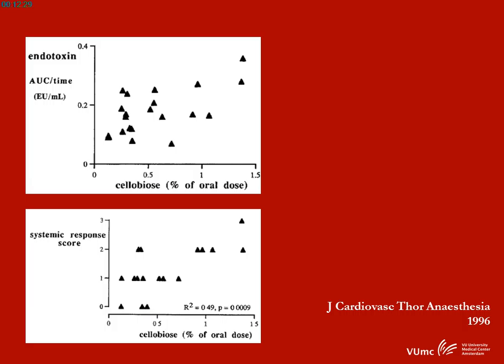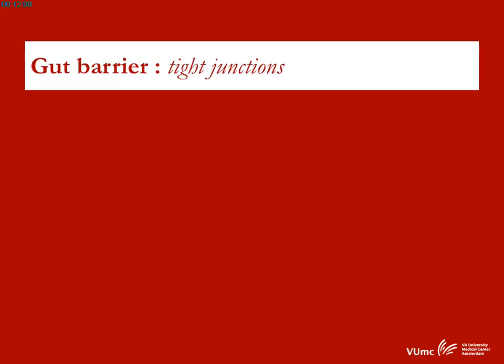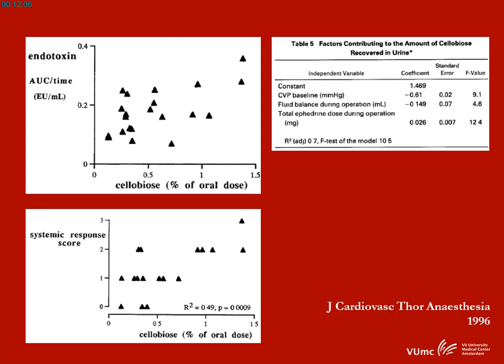We made a systemic response score. There was no SIRS yet at that time, and there was a relation between intestinal permeability and the systemic response score. We found that low CVP, less positive fluid balance and the amount of ephedrine used during the operation were related with the intestinal permeability, suggesting a component of ischemia.